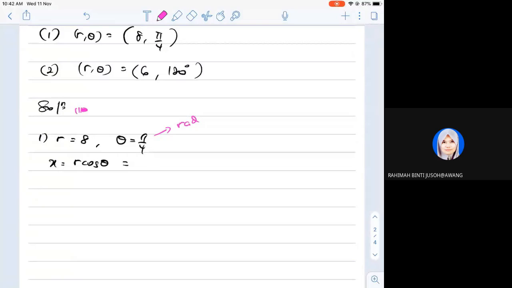So now we will have 8 cos pi over 4. So we will have 8 times 1 over square root 2, like this, or you will have 8, it doesn't matter, press the calculator for the decimals. If you have your calculator in decimal places, how many decimal places?